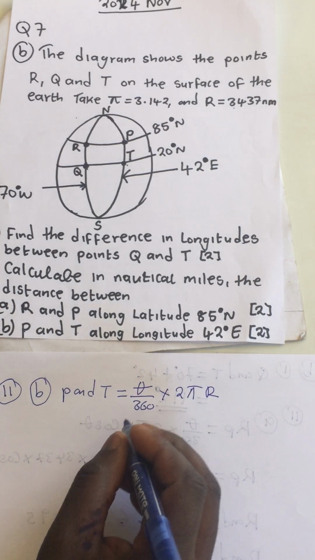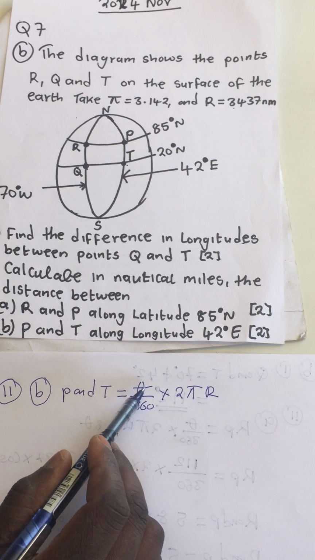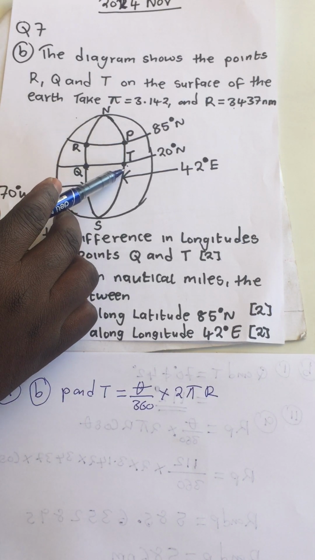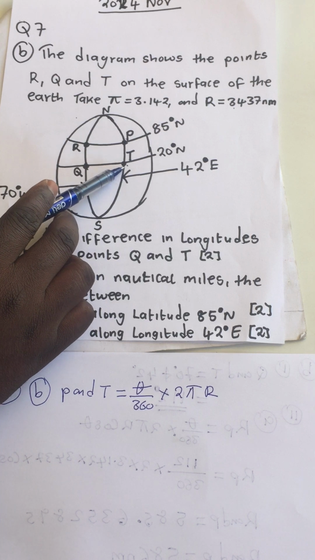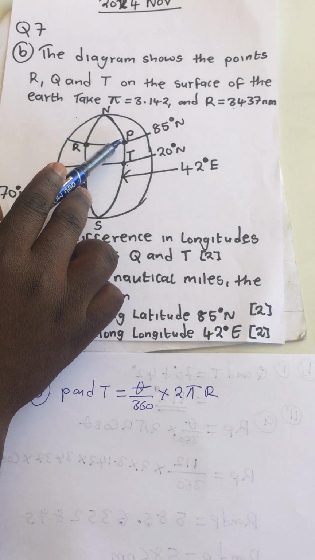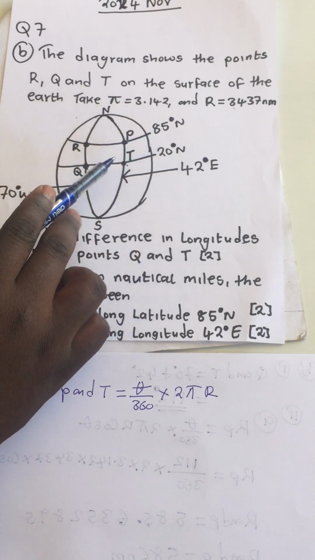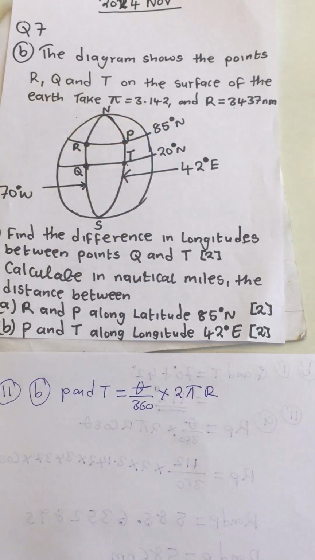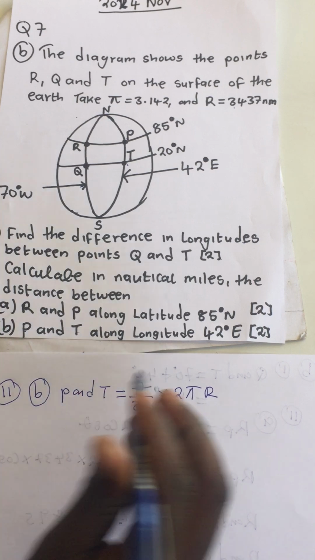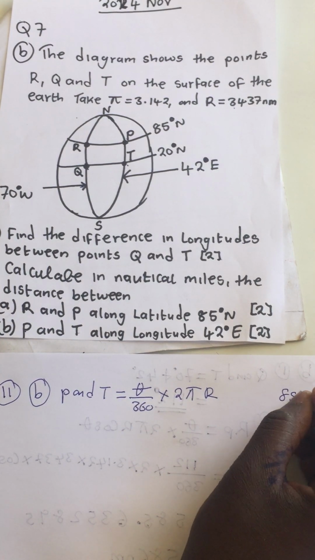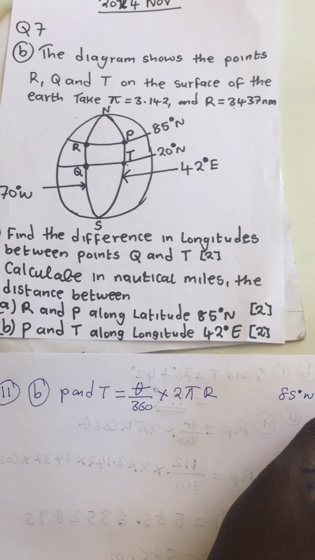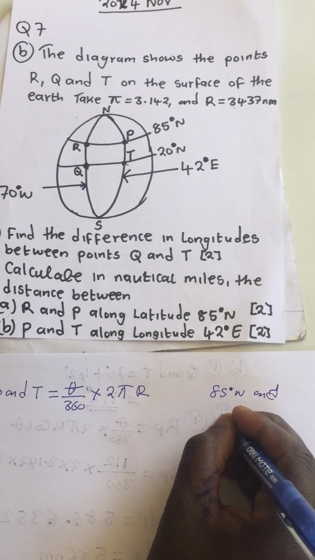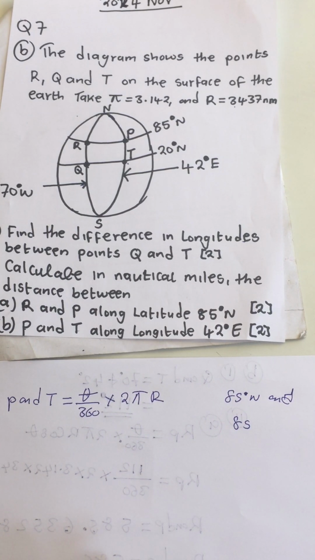That's the only difference. So how do I find the angle there? If I'm calculating distance along longitude, you add the latitudes for the letters. What is the latitude for P? 85. Latitude for T? 20. And have you seen the direction? They are both going from the same direction, which is north. So they have got the same direction, like north north or south south or east east.